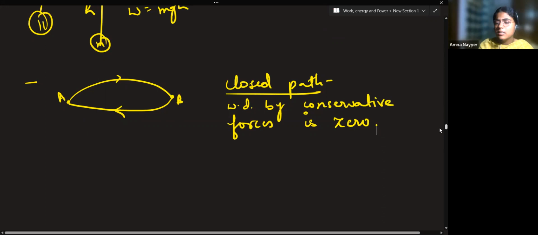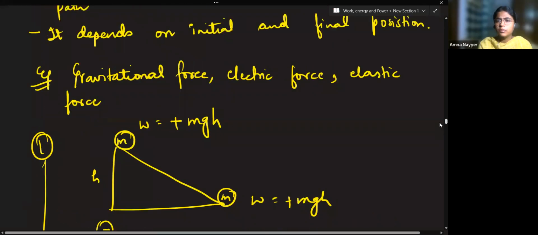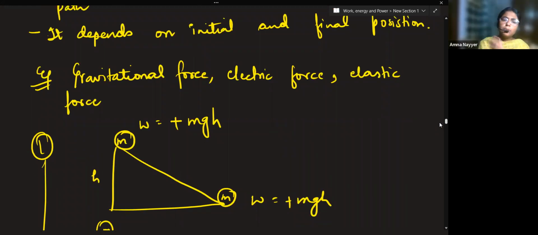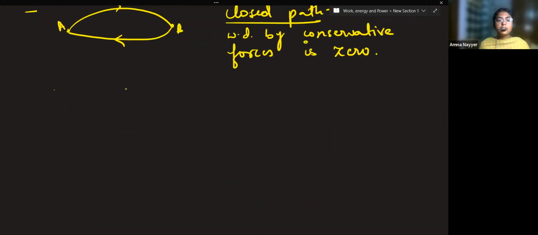Now, why are we classifying forces as conservative and non-conservative? There wasn't any use. Why did we classify it? We could study the way we were studying forces normally. It is that potential energy, the topic that is important for us.